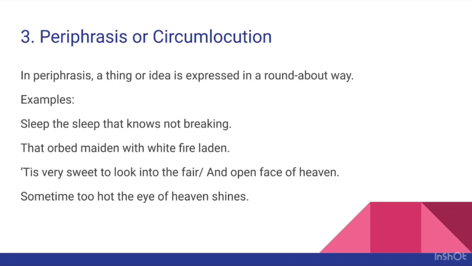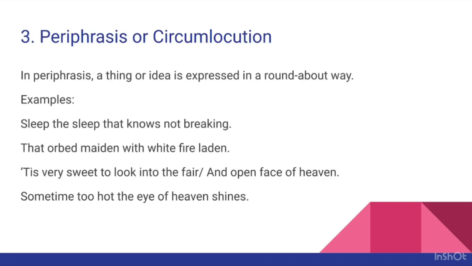Next example, that orbed maiden with white fire laden. In this sentence, moon is expressed in a roundabout way by the expression that orbed maiden with white fire laden. Next example, it is very sweet to look into the fair and open face of heaven.